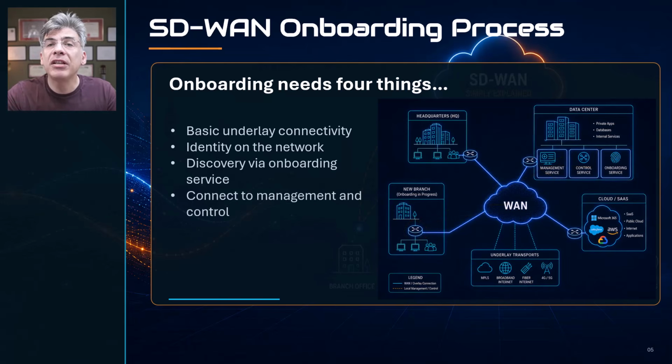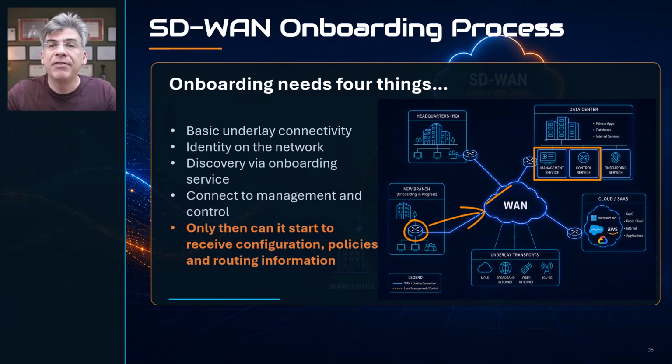Fourth, after the device finds this service and is deemed trusted, it must be able to connect to the management and control services to begin receiving SD-WAN control information. Only then can it receive configurations, policies, and routing information and start actively participating in the SD-WAN fabric.